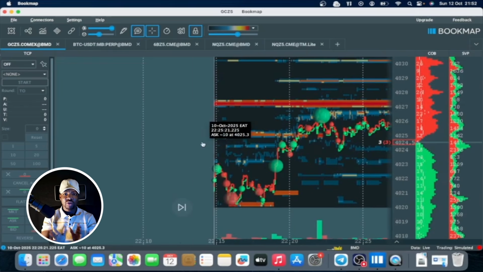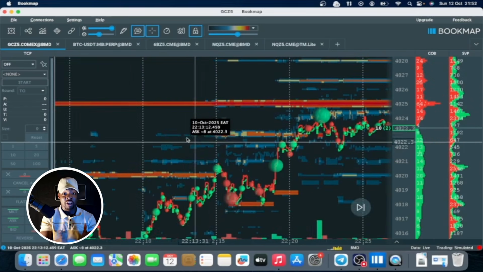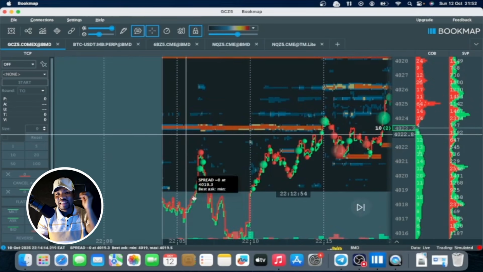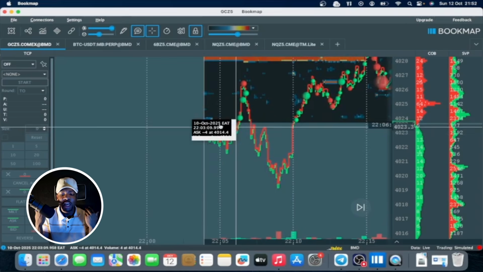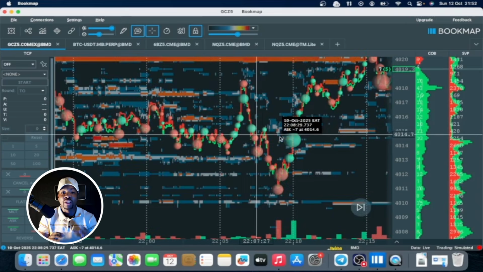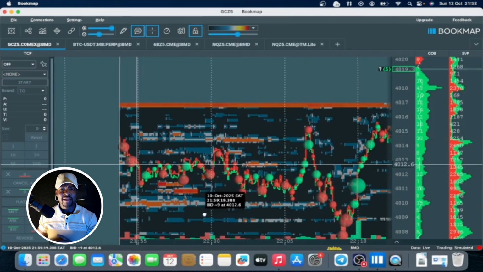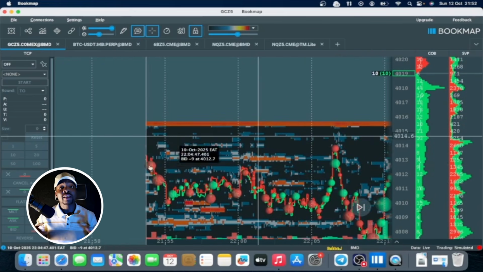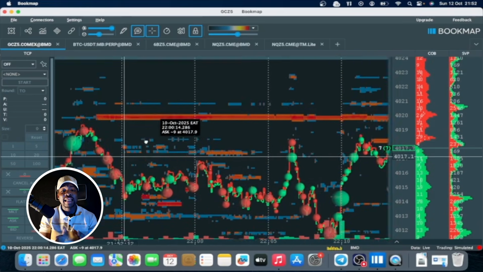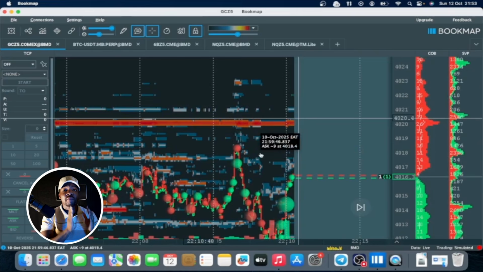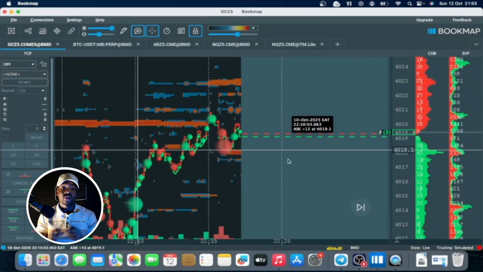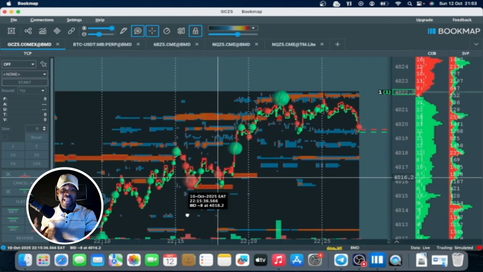Let's first break down what you're seeing here, because I know it looks like chaos at first. Colors, lines, bubbles, but once you get it, it's actually crystal clear. An order book heatmap takes all the dull lists and turns them into a living, breathing visual masterpiece. Instead of numbers, you get colors.